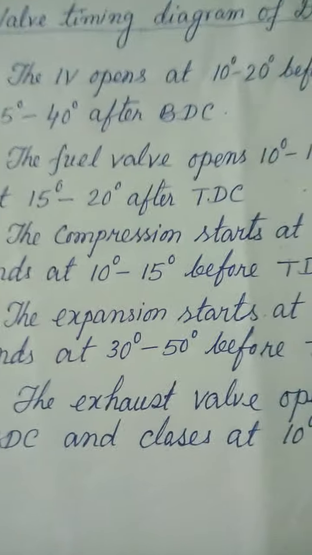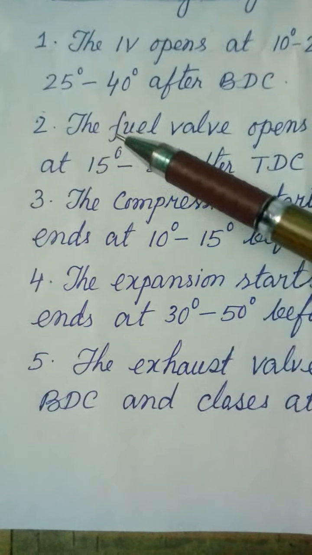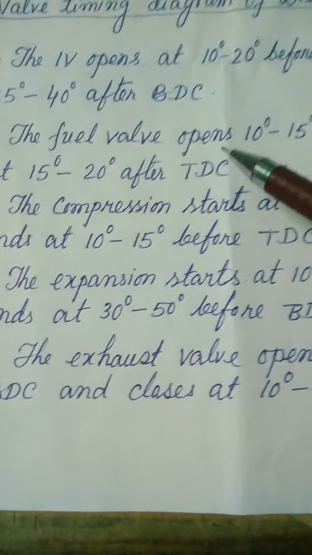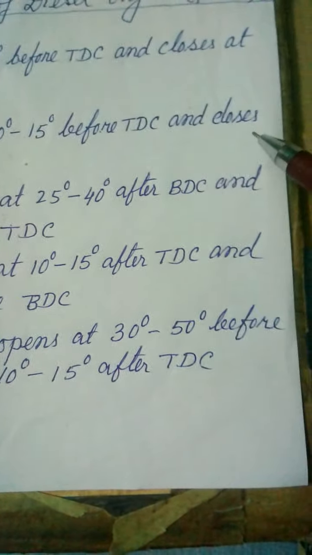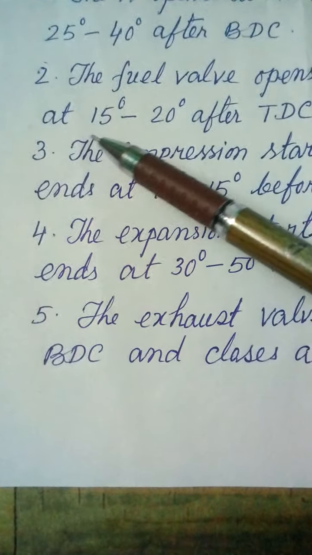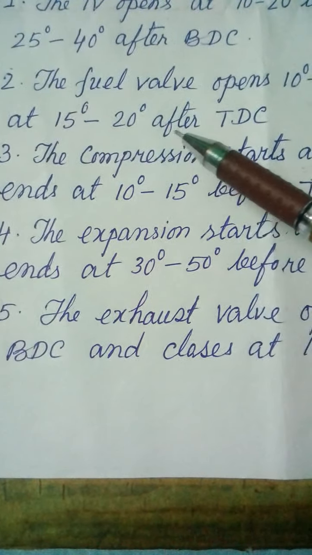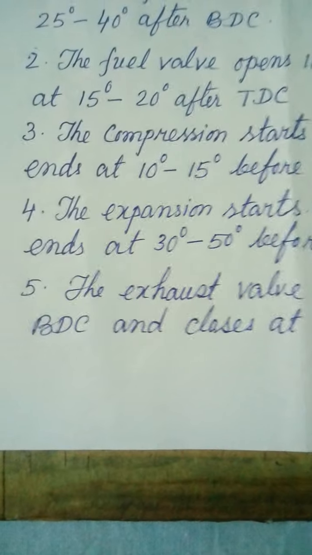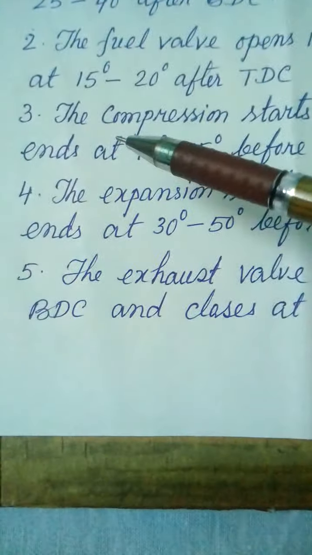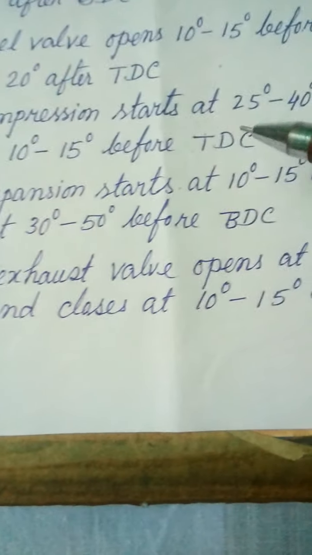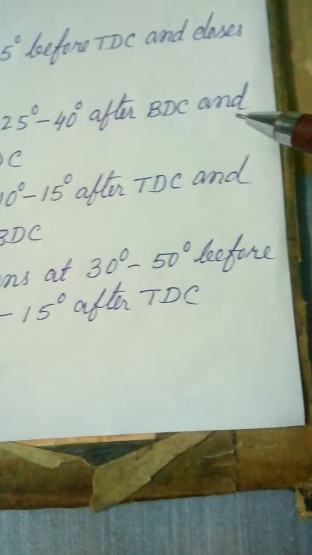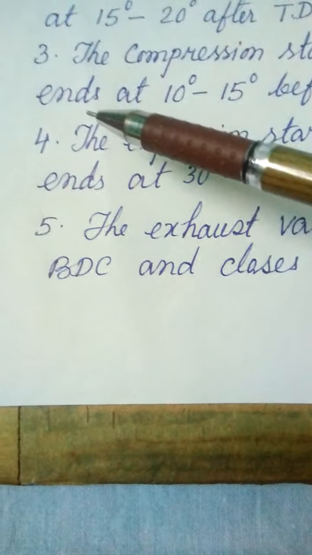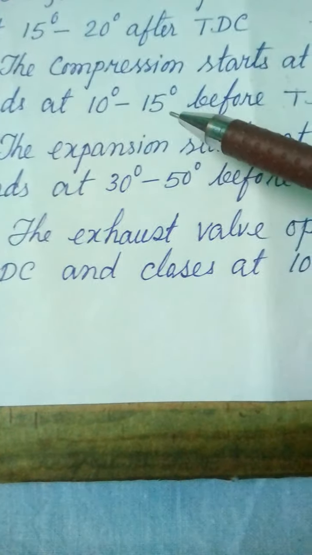The fuel valve opens 10 to 15 degree before top dead center and closes at 15 to 20 degree after top dead center. The compression starts at 25 to 40 degree after bottom dead center and ends at 10 to 15 degree before top dead center.